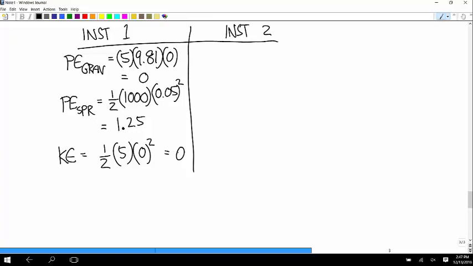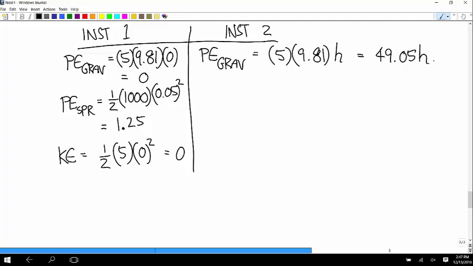And then at instant 2, the gravitational potential energy is the mass times 9.81 times the height. What do we know about the height? Yeah, we're trying to find that, so I'll just leave that variable h. So this is 49.05 h.